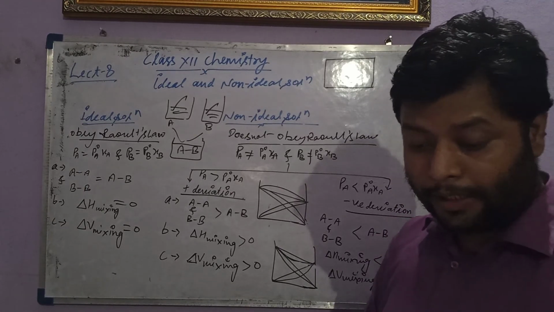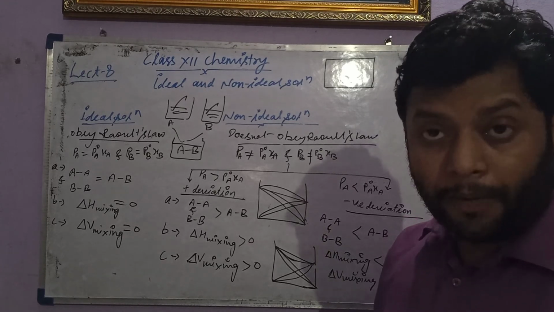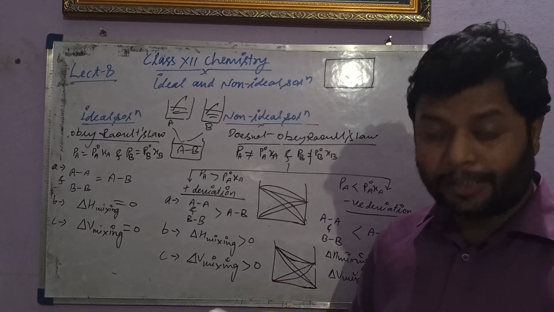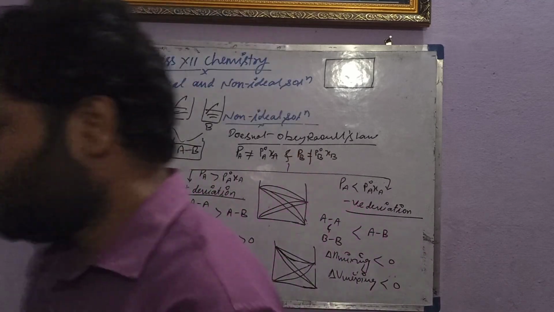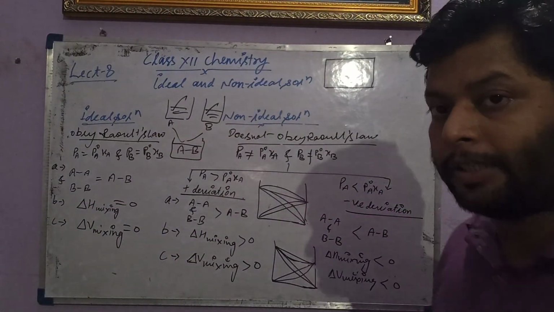Negative deviation examples are phenol plus aniline, chloroform plus acetone, acetic acid plus pyridine, and some acids like nitric acid with water and hydrochloric acid with water. Different acids in water generally show negative deviation.